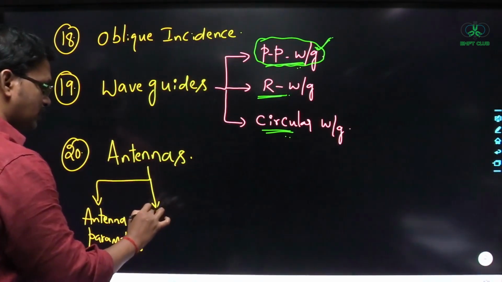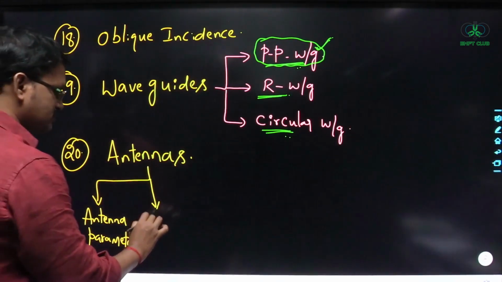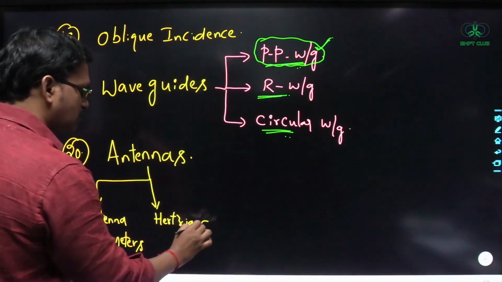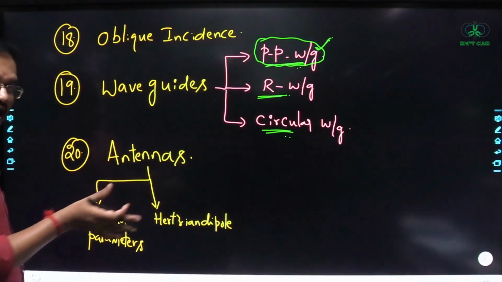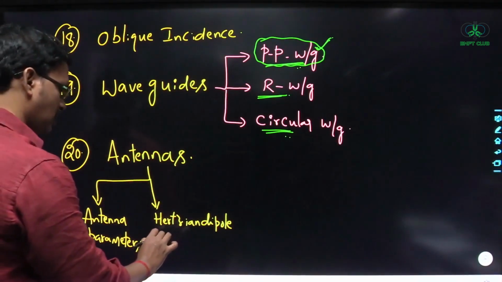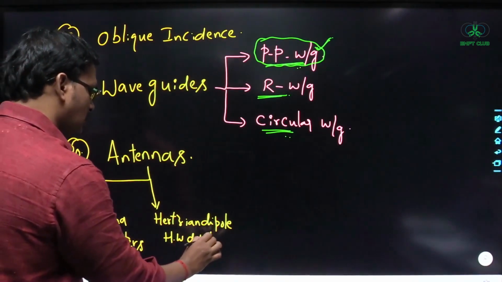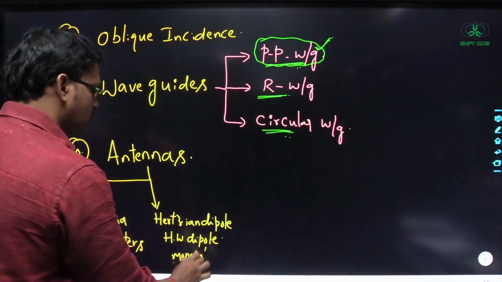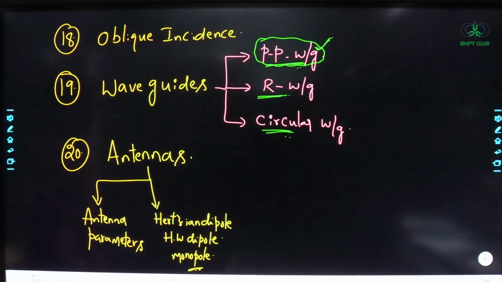Okay, so that's what we are going to study. And here we are going to study some basic types of antennas. We are just going to have a brief view of these basic antennas, that is the Hertzian dipole, and then half wave dipole, and also we will see a brief view of the monopole antenna. Understood?